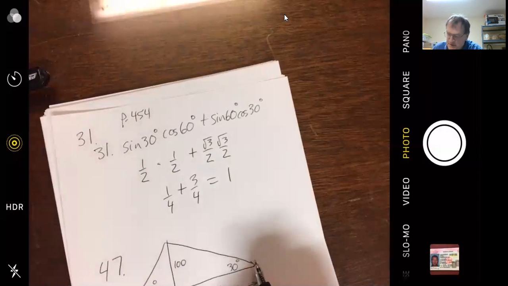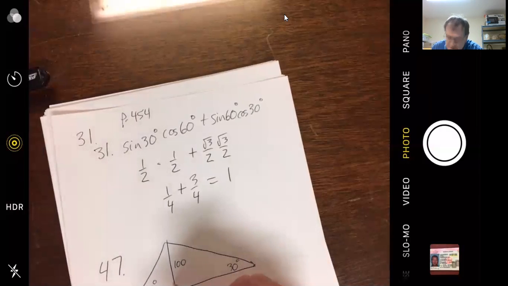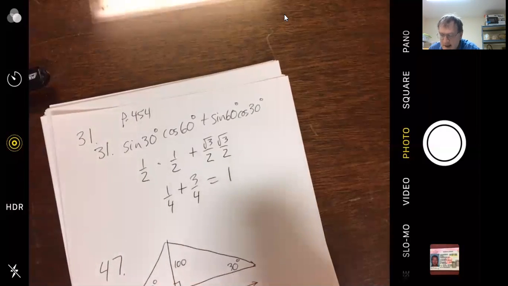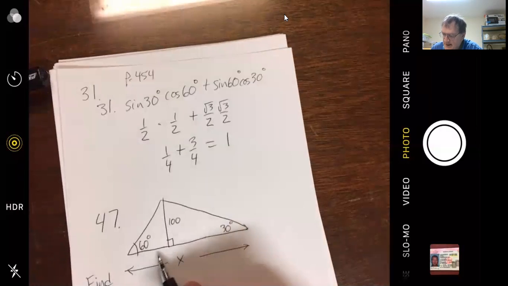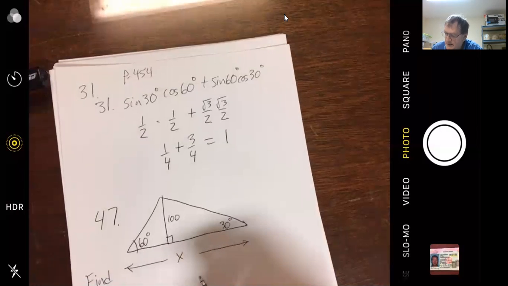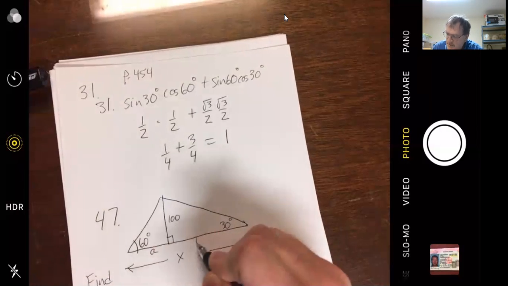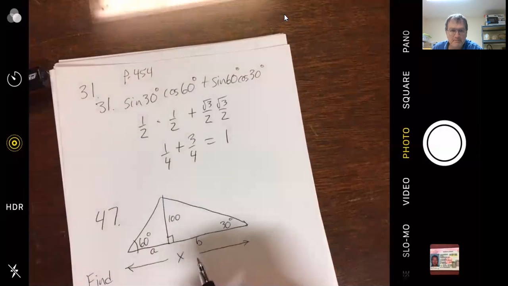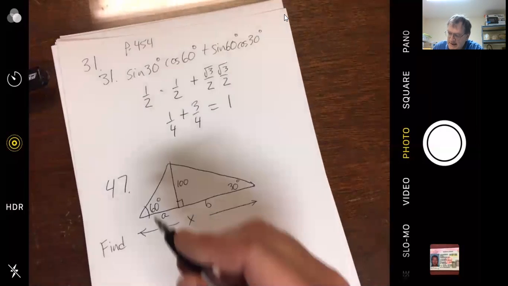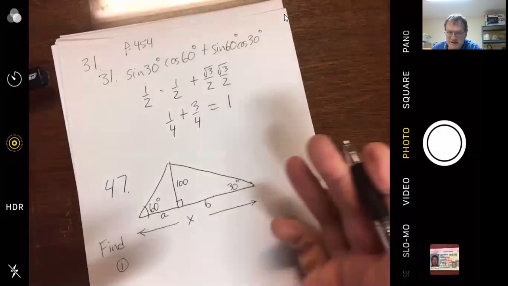So you're going to have to make up some other ratios here. This is a right angle, you can do either leg. In fact, you're going to wind up probably doing both. You could call this one A and this one B, and then you'll wind up taking the sum. There are lots of different ways to do this.